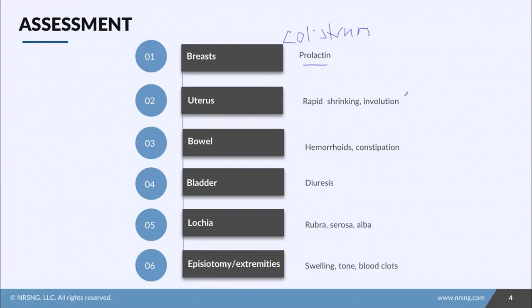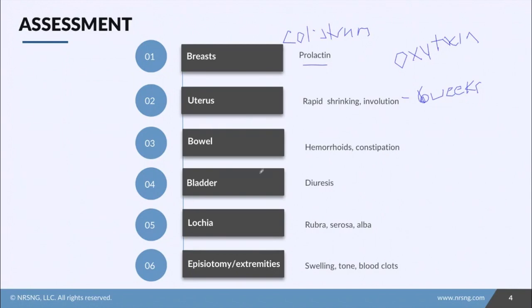By 6 weeks, that pelvis should house that uterus again. Now, a patient that chooses to breastfeed is going to have more rapid shrinking, because with breastfeeding, we have the natural release of oxytocin, which is going to contract that uterus down even quicker. So breastfeeding is going to help with that involution.